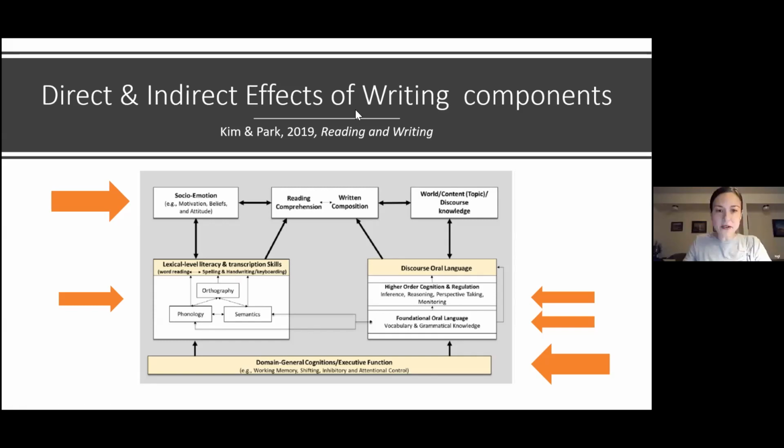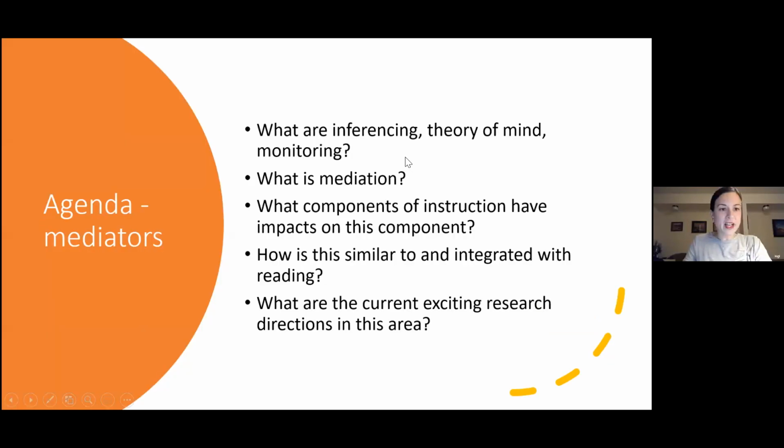So today, let's dive right in. Our agenda, we'll go through talking about what inferencing is, this theory of perspective taking, and monitoring. And because these are the mediators in this model, we're going to dive a little bit deeper into what mediation is and what that means in this model.